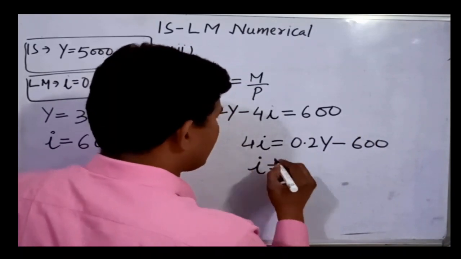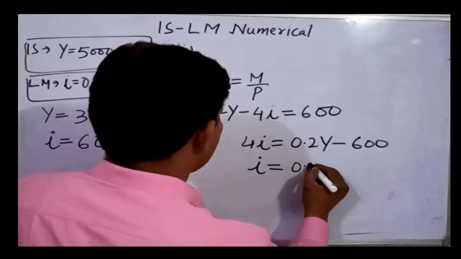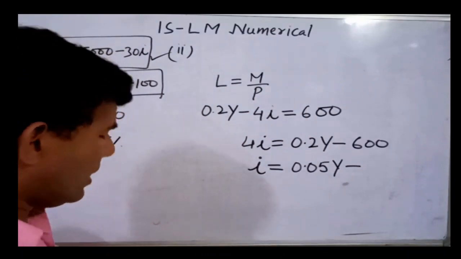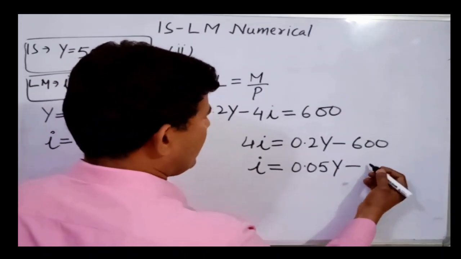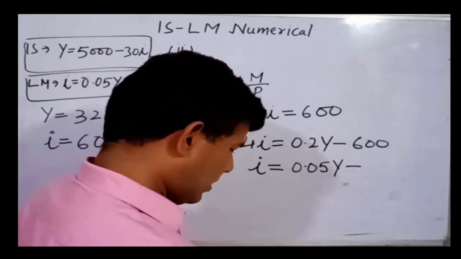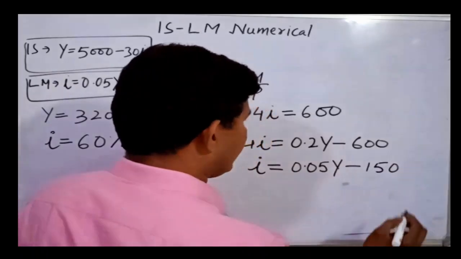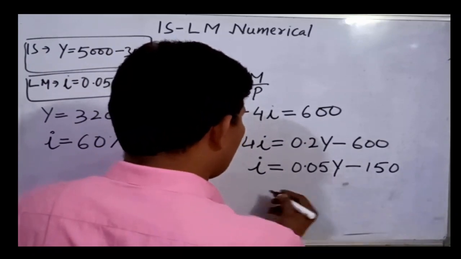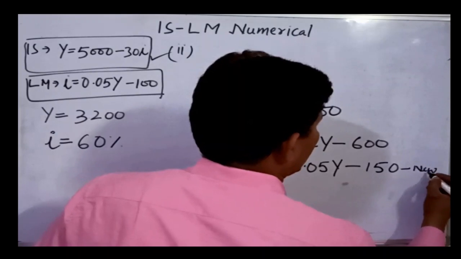Therefore i is equal to 0.05y minus 600 divided by 4, which will give you 150, right? 150. Okay, so this is your new LM equation.